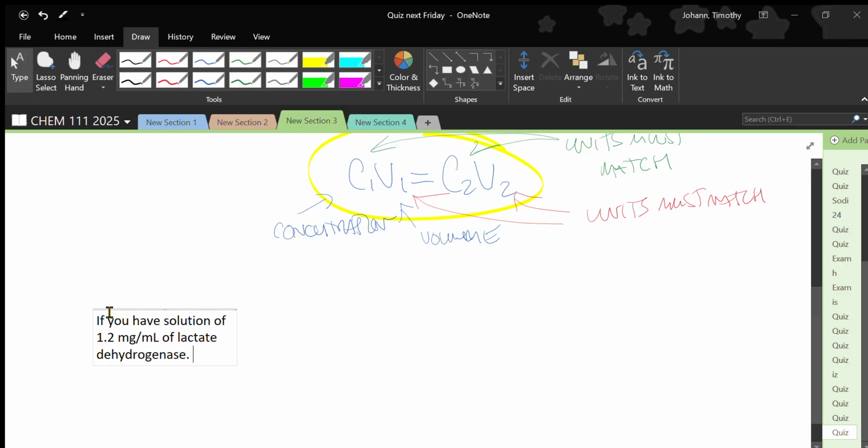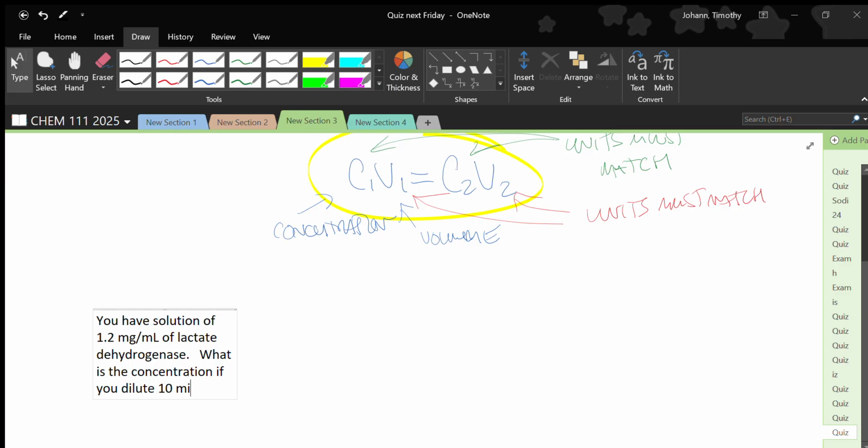Let's say you have, not if, because I want proper sentences. You have a solution of 1.2 milligrams per milliliter. What is the concentration if you dilute 10 microliters of this solution, that's a millionth of a liter, to 100 microliters?